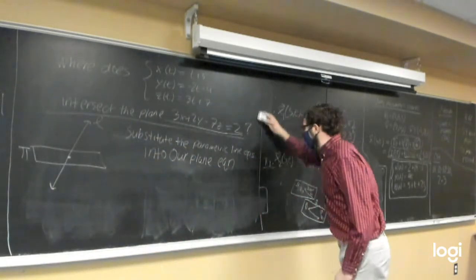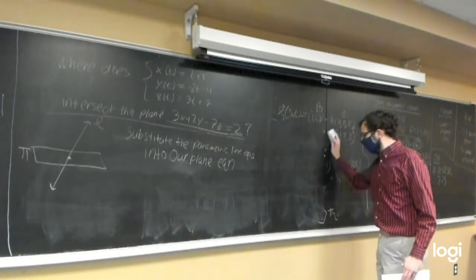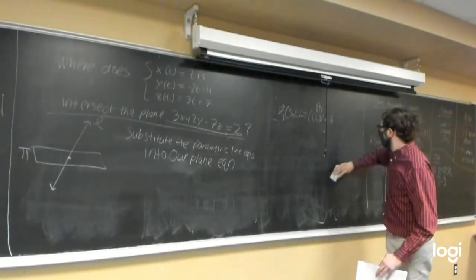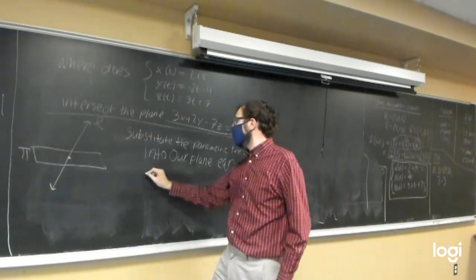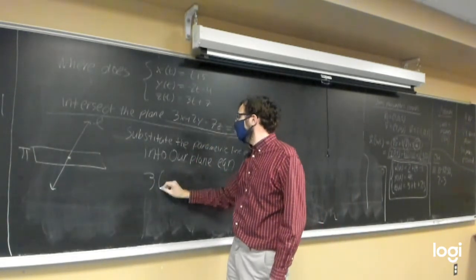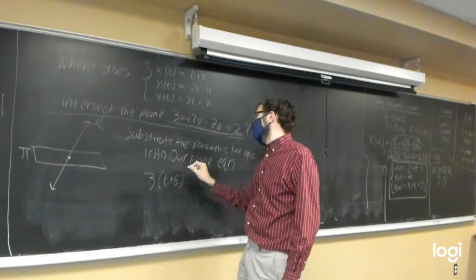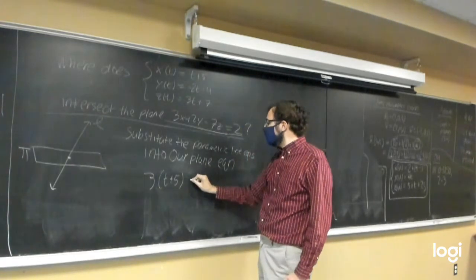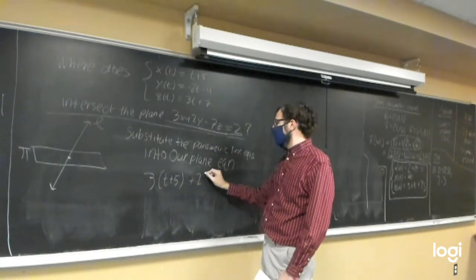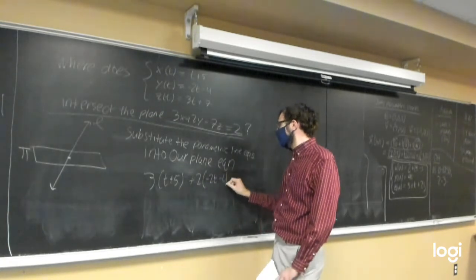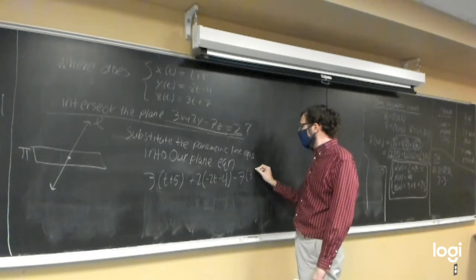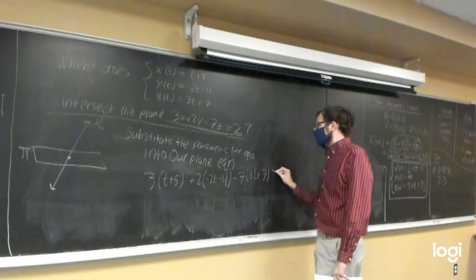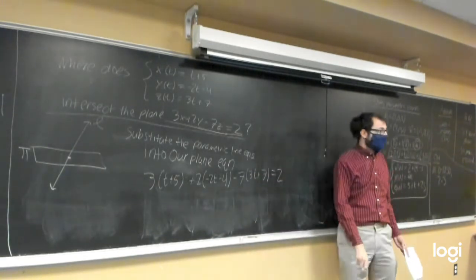And if we do that, we should get 3 times our x-coordinate, t plus 5, on our line, plus 2 times our y-coordinate, negative 2t minus 4, minus 7 times our z-coordinate, 3t plus 7, is going to be equal to 2.